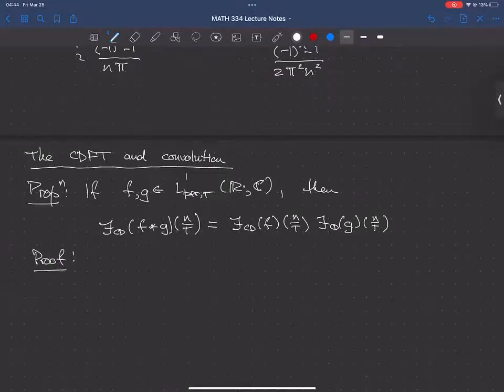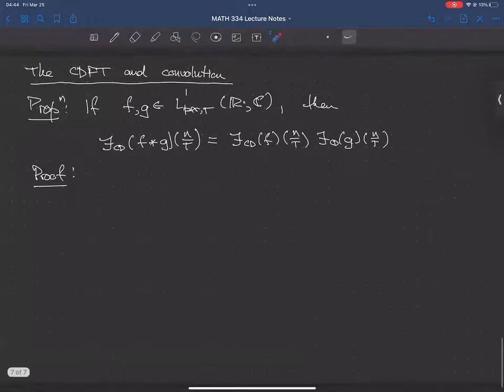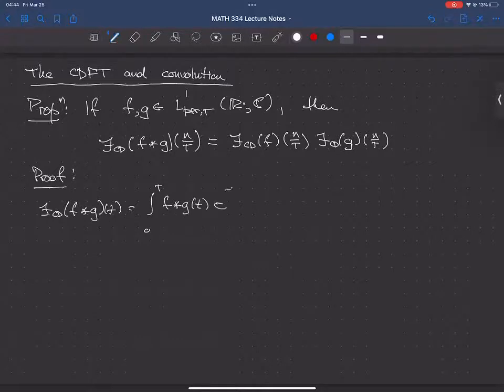So I'll give a proof for this, and it's another application of Fubini's theorem, of course, because convolution is defined using an integral, and so is the CDFT. So the CDFT of f star g at n, by definition, is the integral from 0 to T of (f star g)(t) e to the minus 2 pi i n t over T dt.